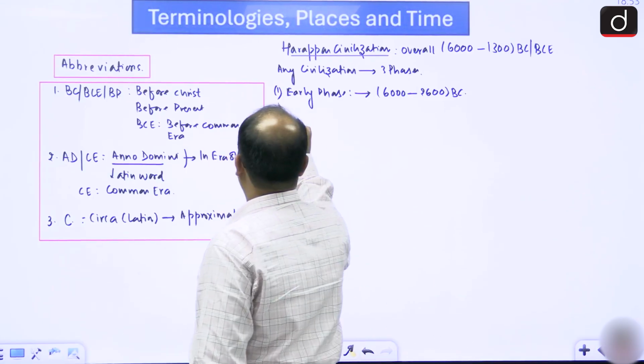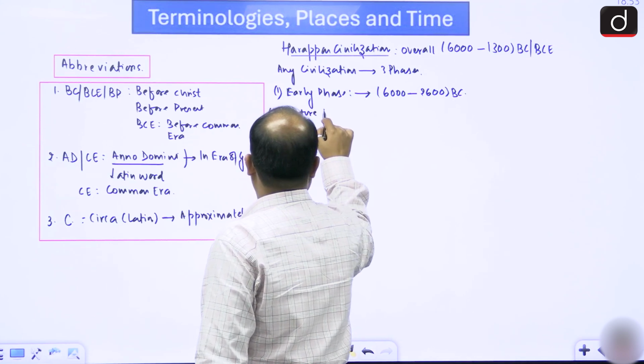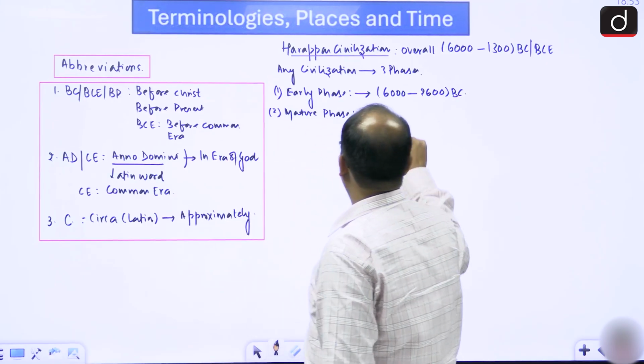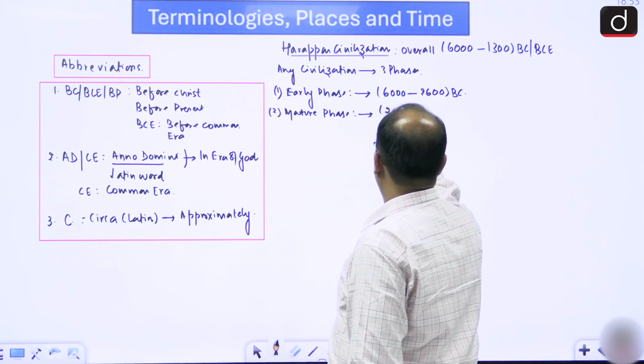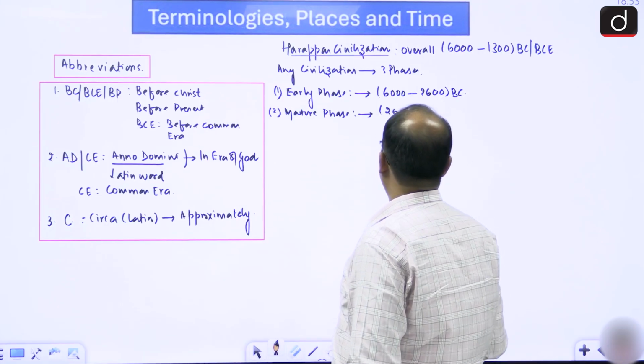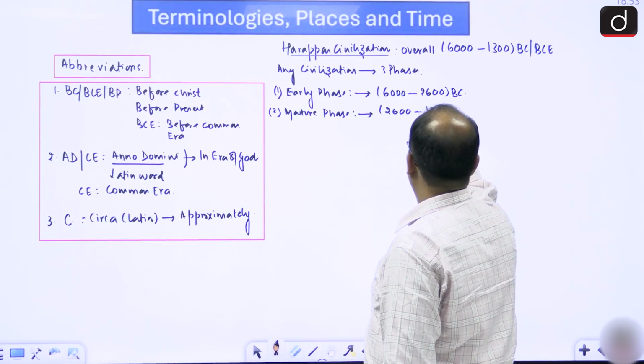Then you have the mature phase, and the mature phase starts from 2600 BC to 1900 BC.